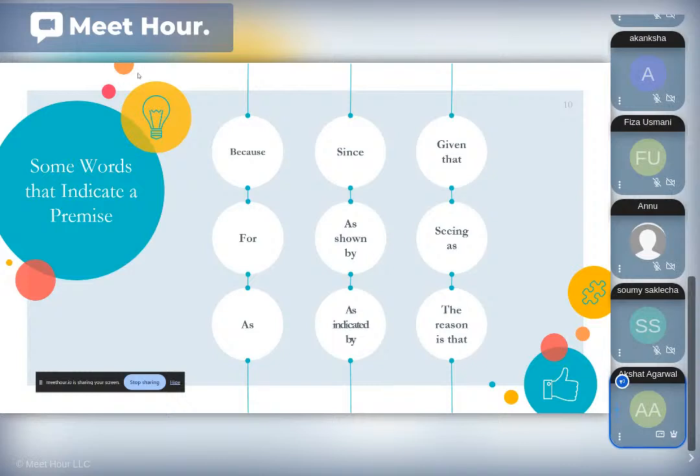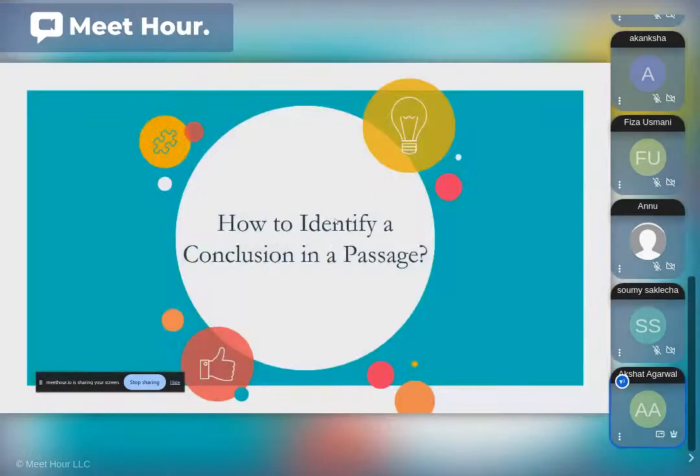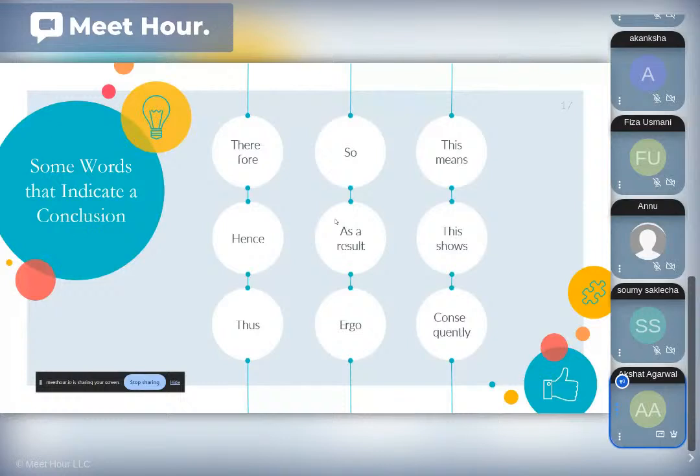That's the whole point of this exercise, so that you know how to break down a passage.